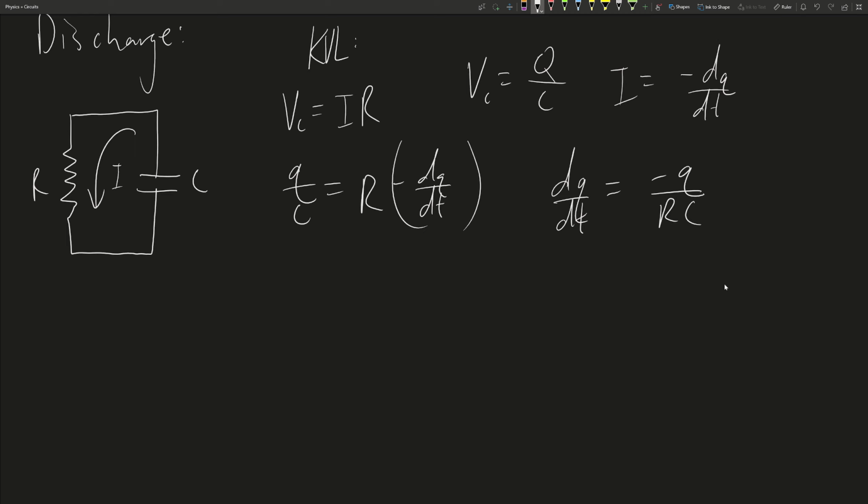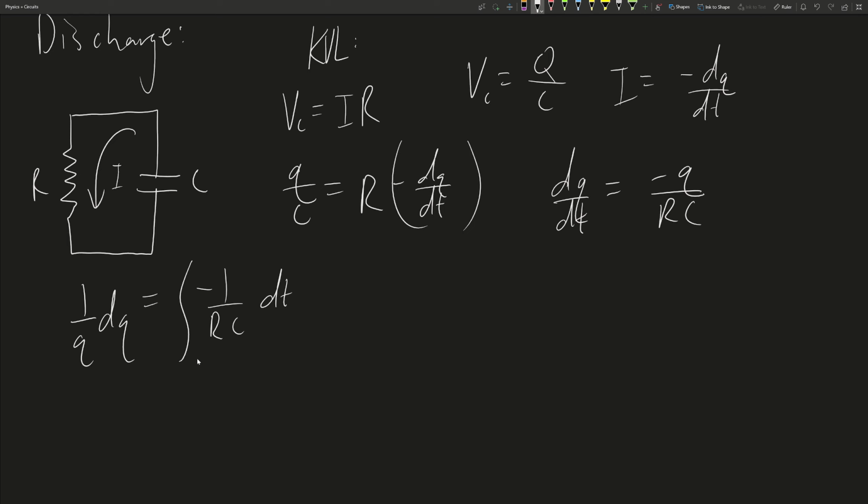And then rearranging this again to integrate and solve, we get that 1 over q dq is equal to negative 1 over RC dt.